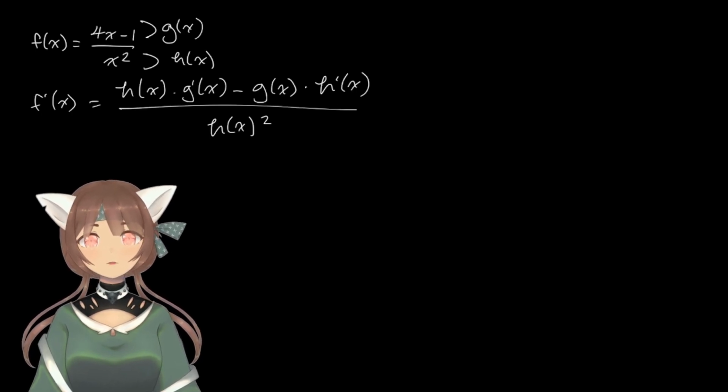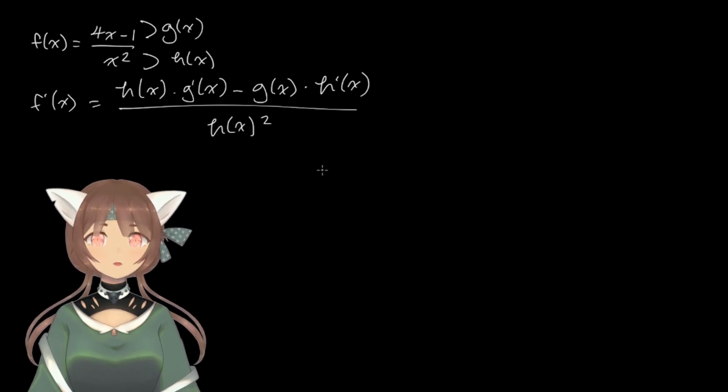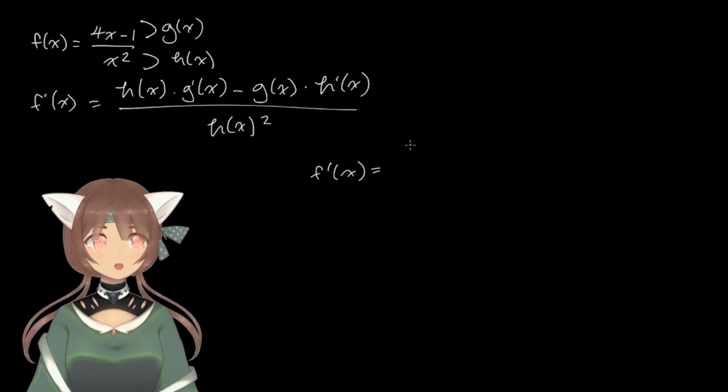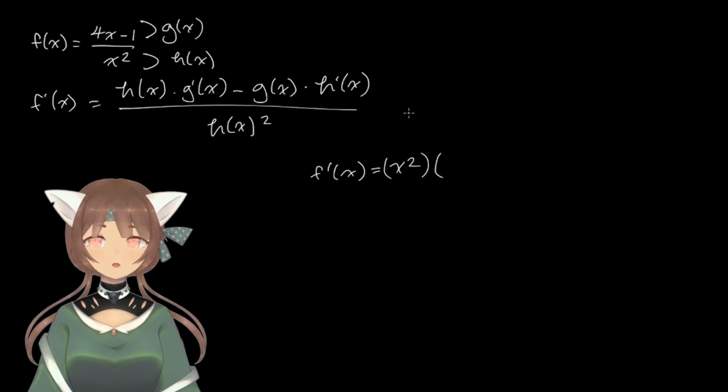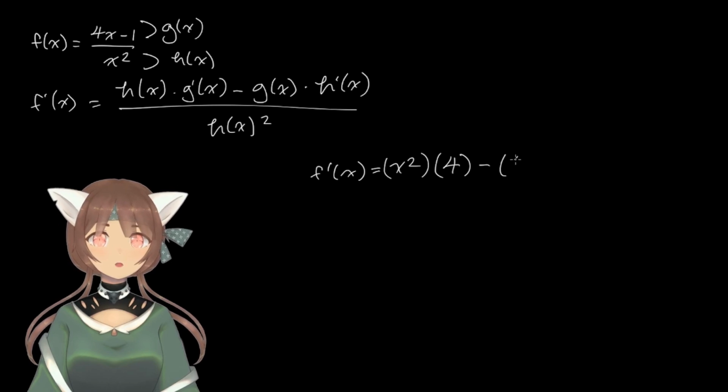Okay, so I cleaned up the board a little bit just to make a little bit more space for this. Let's go through the problem. F prime of x equals low, x squared, times the derivative of the top, d high, which is 4, minus high, 4x minus 1, times the derivative of the denominator, which is d low, 2x.